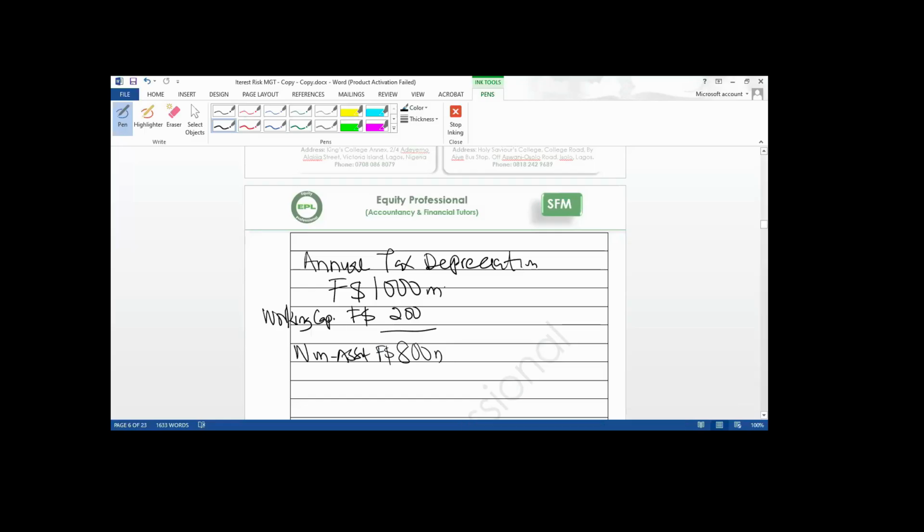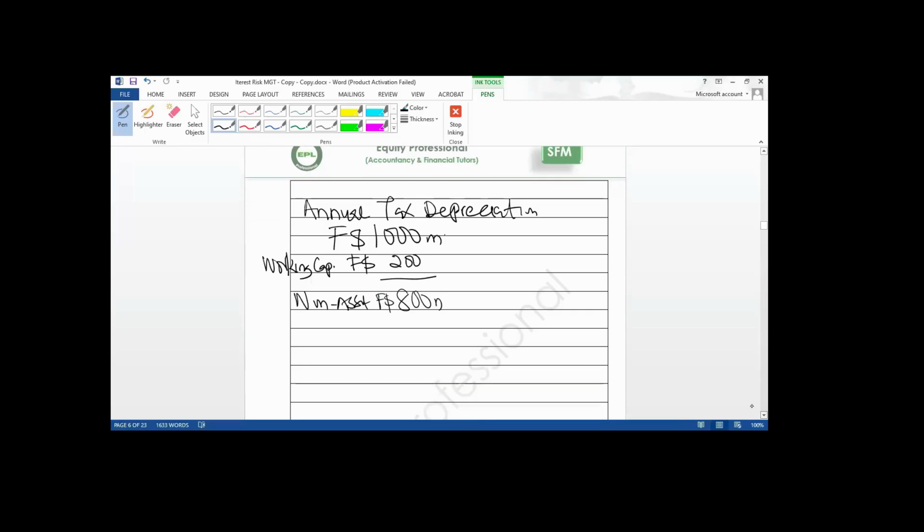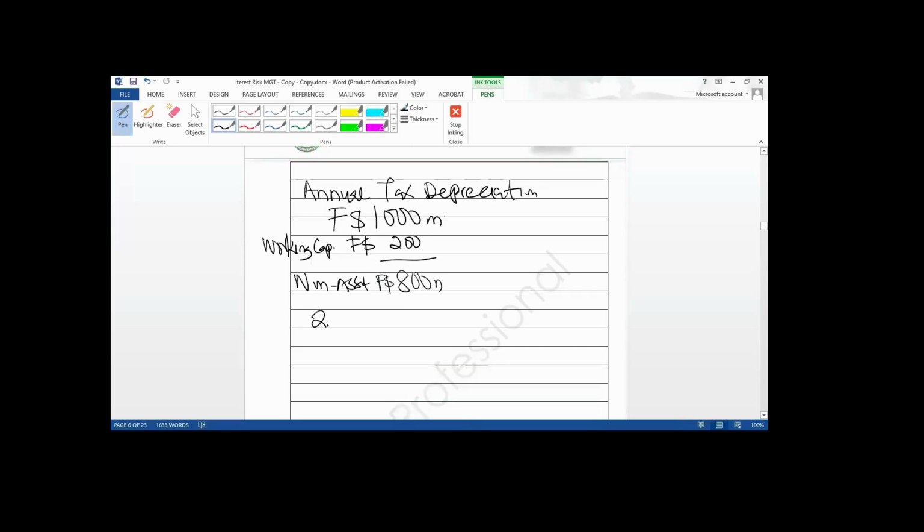Now compute 25% of 800 million. That will give us 200 million. That means annually, 25% every year. You are going to claim it for 4 years.